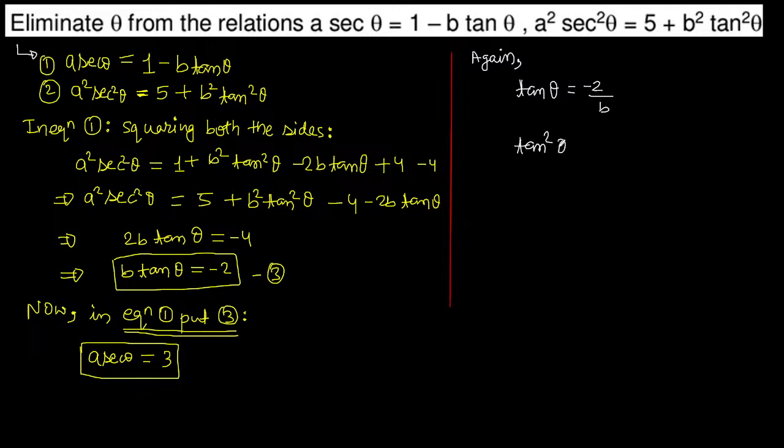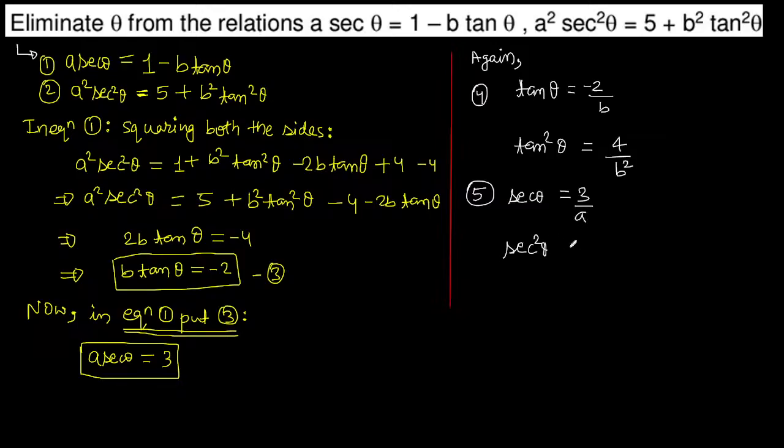Tan square theta is 4 by b square. This is fourth. Fifth, sec theta is equal to 3 by a.